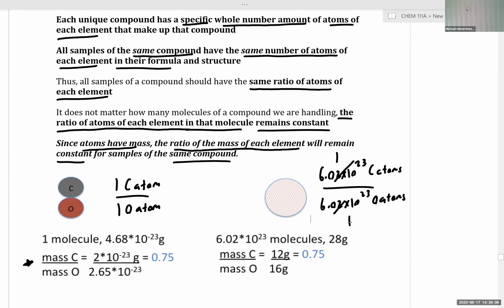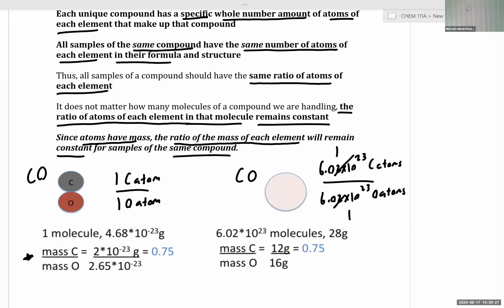So is our ratio of atoms the same, even though we're looking at a very large number of carbon monoxide molecules? Is our atom-to-atom ratio the same for this same compound of carbon monoxide? Yes, it is.